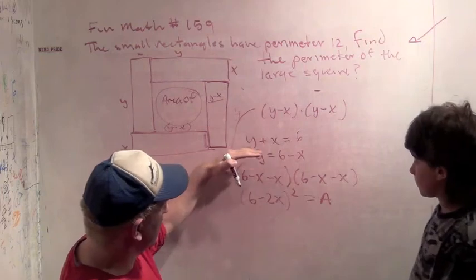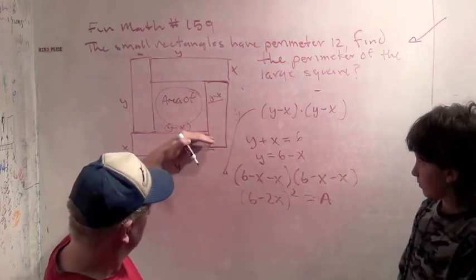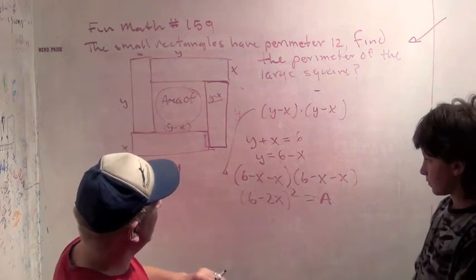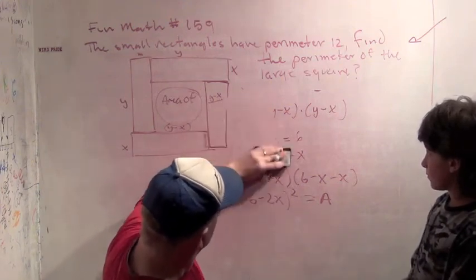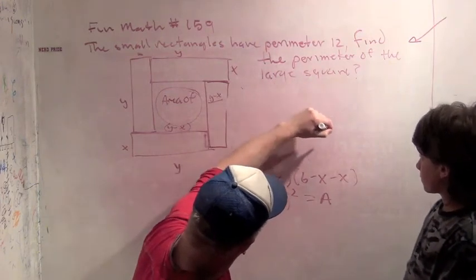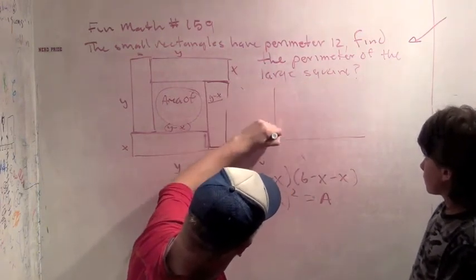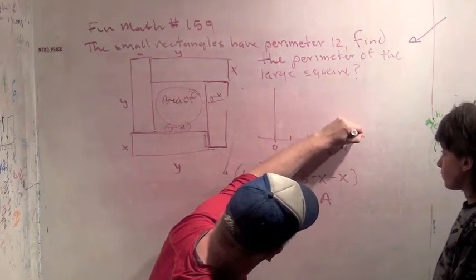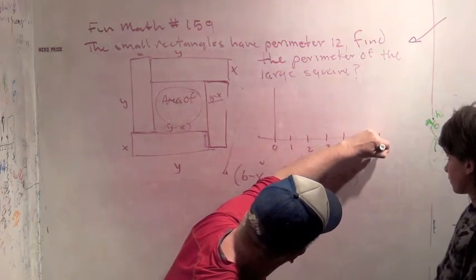Remember, x can start at 0, and it can be as high as 6. Here's 0, 1, 2, 3, 4, 5, 6.